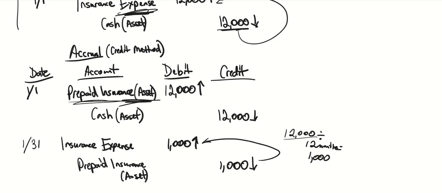So take 12,000 divided by 12 months to get your monthly expense of $1,000. Prepaid insurance is credited for 1,000, bringing that balance down, showing that 1 month of coverage occurred, and you move it into the expense account called insurance expense for $1,000. That's going to increase the balance in that account.